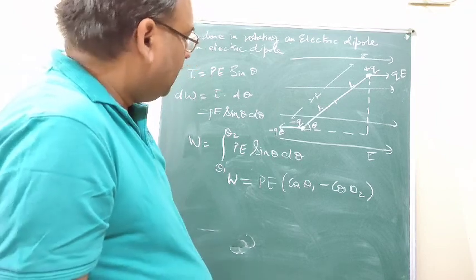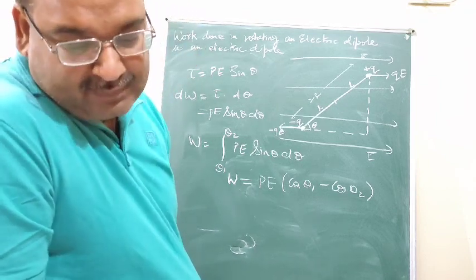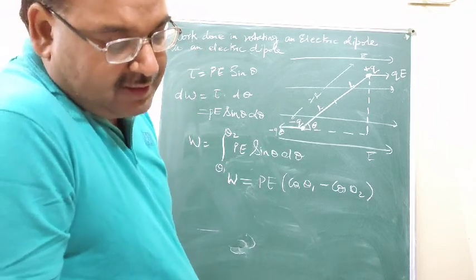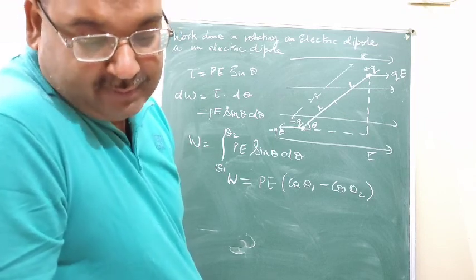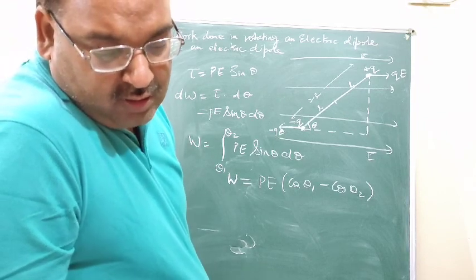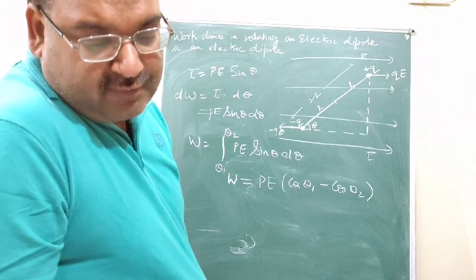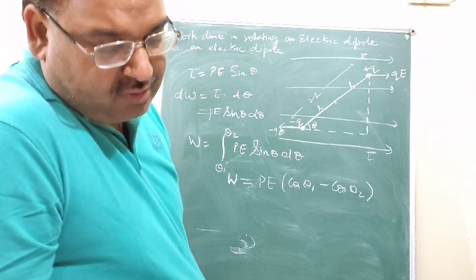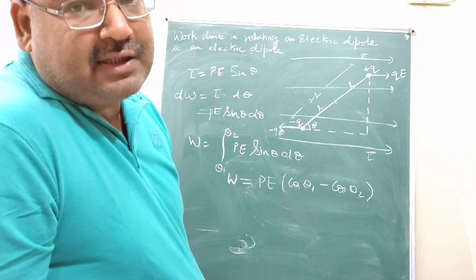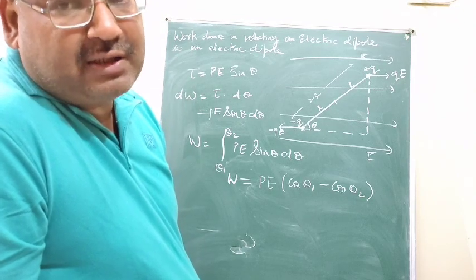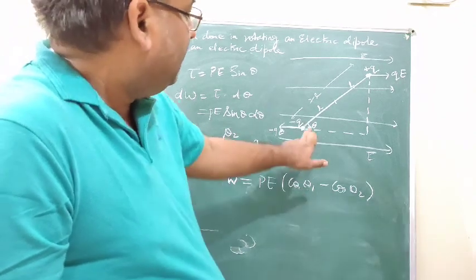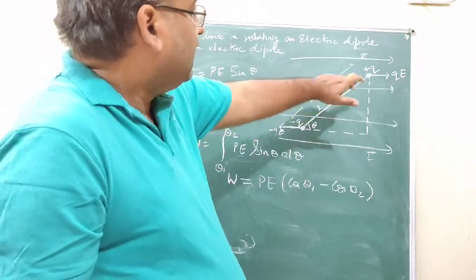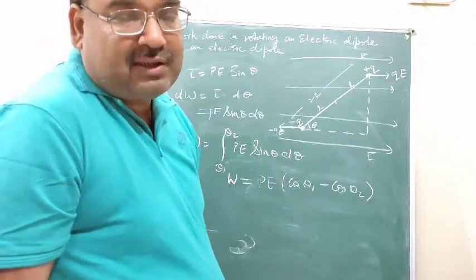So this is the formula for the work done by an electric dipole when it is placed in an electric field. Now, if the dipole is rotated from its equilibrium position, when theta is 0, that is, the electric dipole is placed parallel to the electric field. Theta will be 0 only when the electric dipole is placed parallel to the electric field.